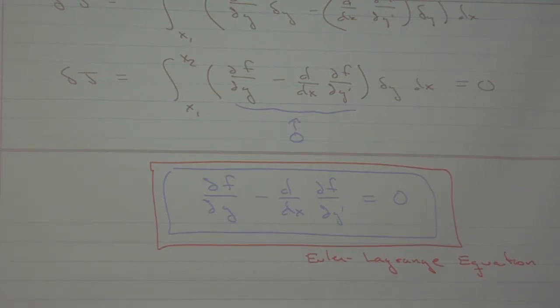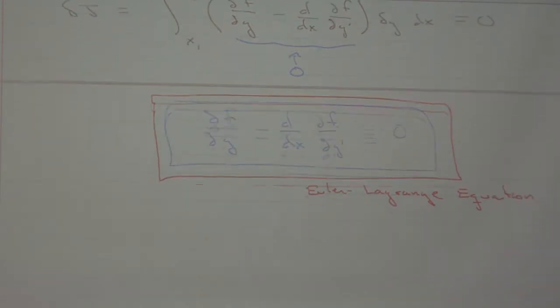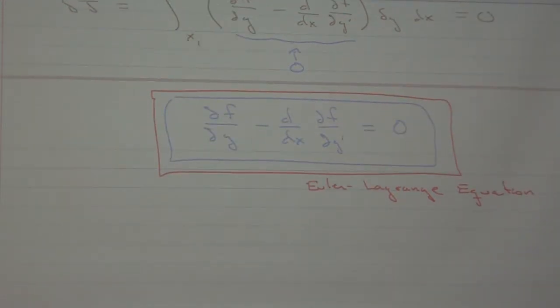So if I tell you what f is, and then you do this equation to it, what you get is a second order ordinary differential equation for y. Let's write that down. Given f of y, y prime.